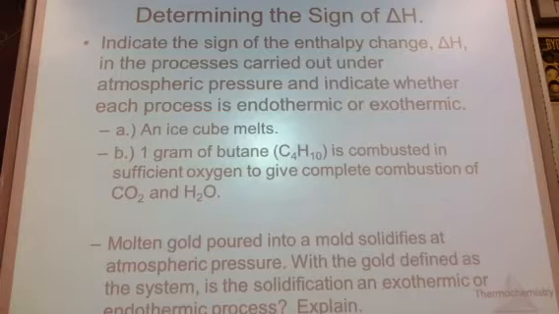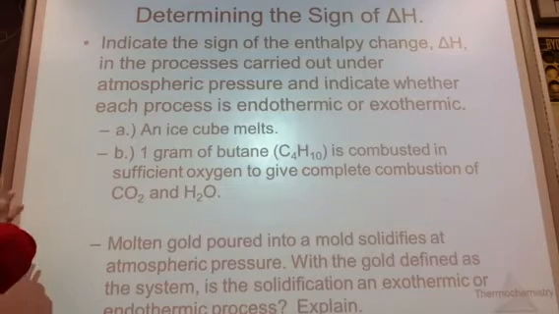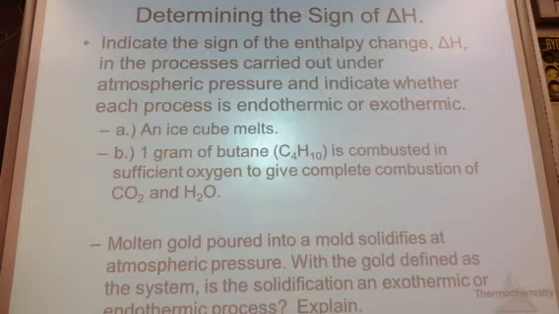Okay, let's look at B. It says 1 gram of butane is combusted. The key word here is combusted. So 1 gram of butane is combusted in sufficient oxygen to give complete combustion to carbon dioxide and water. We know that in combustion some type of energy is released, because we're creating carbon dioxide gas and water vapor.